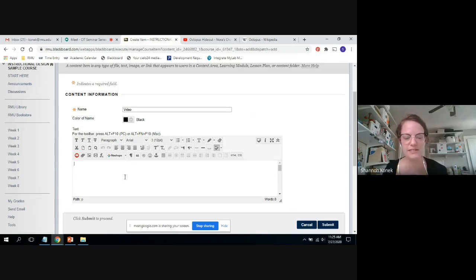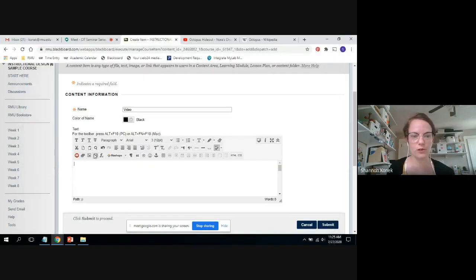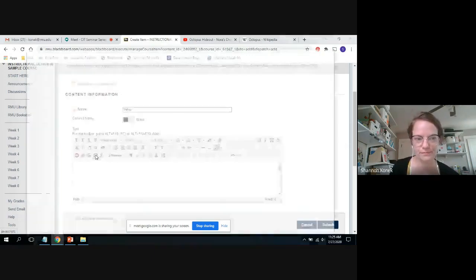So a lot of times I see people just paste that in this text box, and that works. But I think it's a lot more interesting looking and robust if you embed it. So sorry, I'll go back here. What you want to do is select this little icon that says Insert Edit Embedded Media.